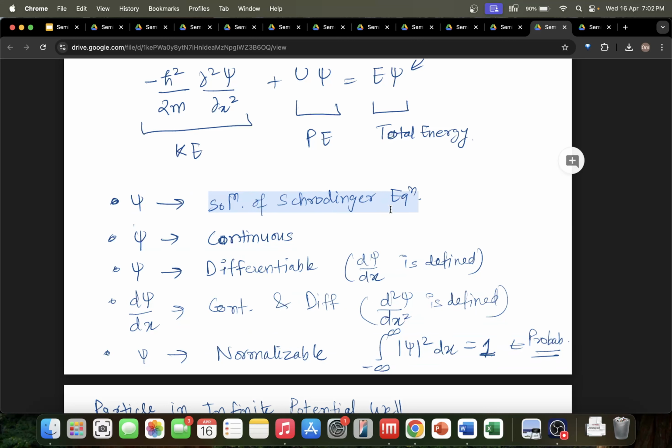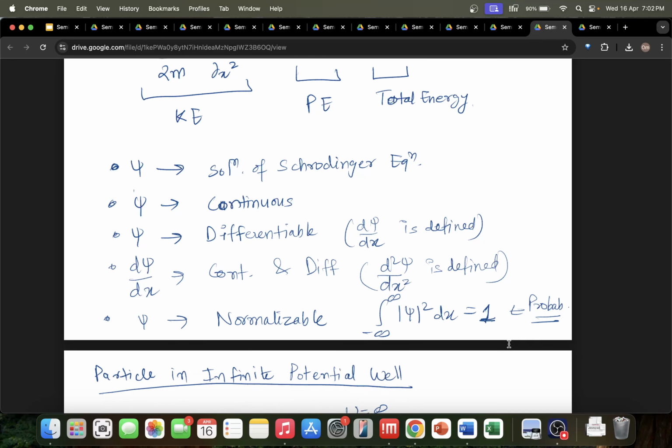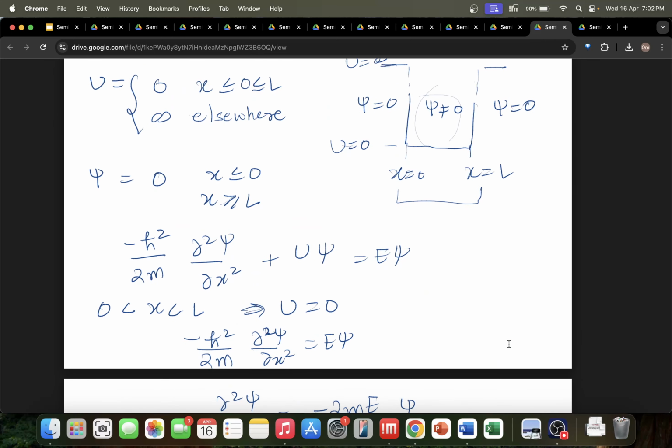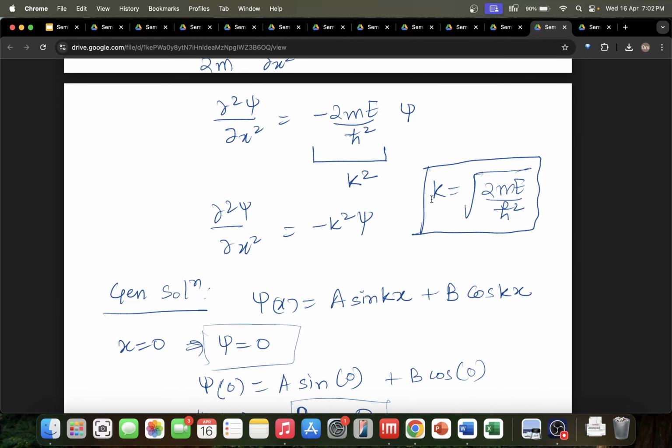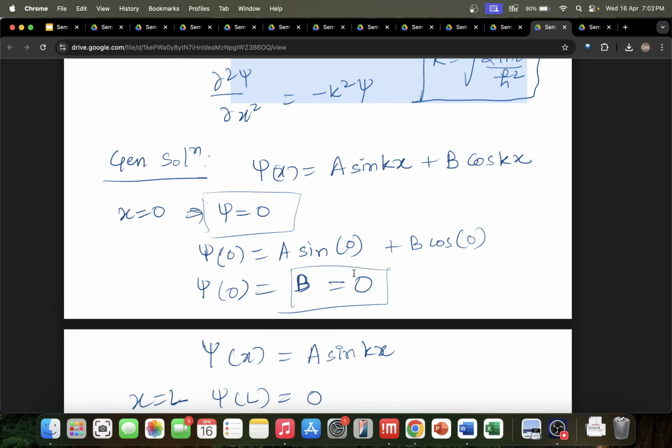The solution of the Schrodinger equation is continuous and differentiable. Its derivative is also continuous and differentiable. The normalizable condition gives us psi, which gives us the probability density. We kept the derivation for a particle in an infinite potential well. We determine what this k is.